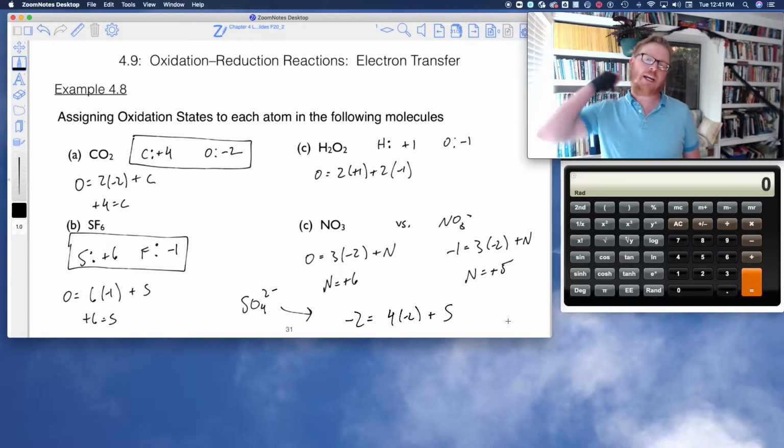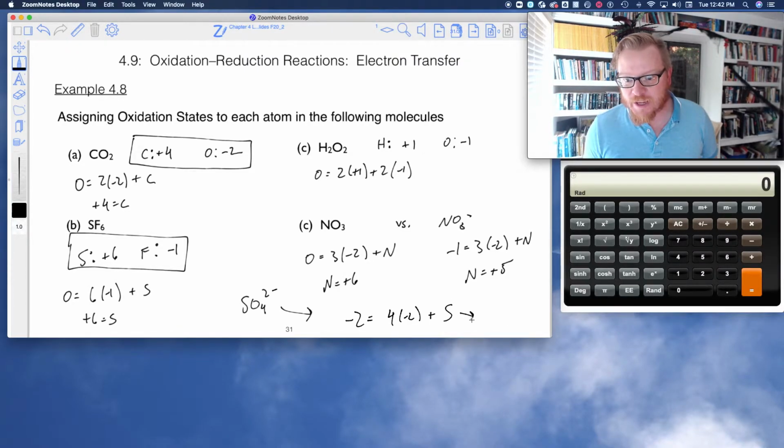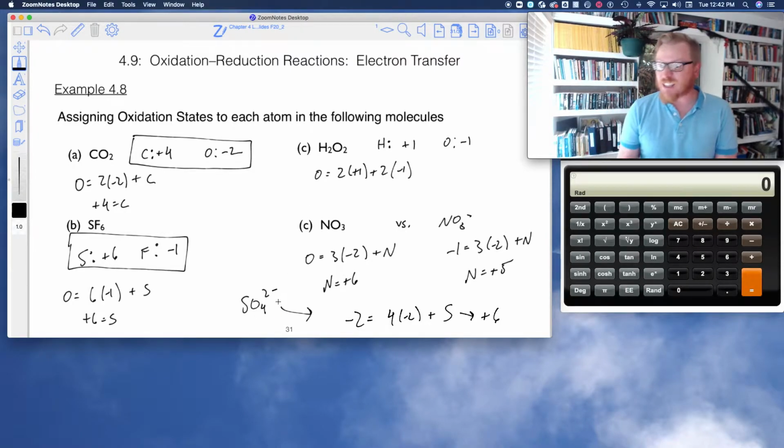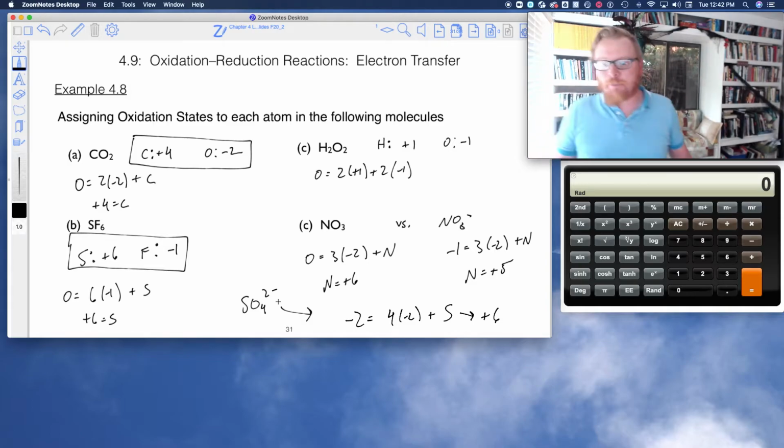So what's the oxidation state of my sulfur in sulfate? Well, it would have to be +6. Whoa, cool. The same thing we saw with this SF6 compound. Pretty neat. So this is why sulfate, SO4, has to be 2-.